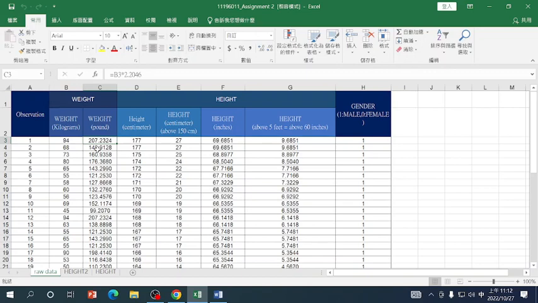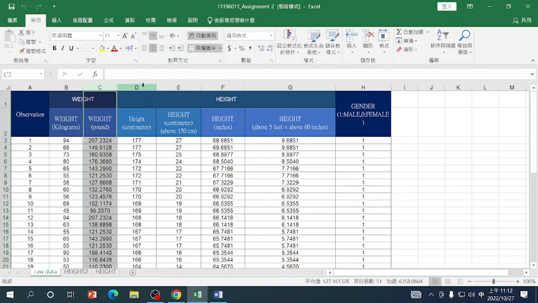Okay, so everyone, today I am going to present the assignment. I have gathered the height and weight data of male and female students in grade 9 of Thailand. This is the weight in kilograms, and we calculated from kilograms to pounds, and this is the result.